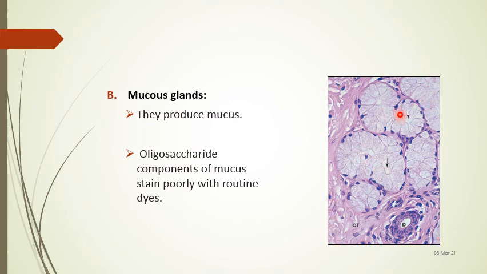Here, these pale appearing cells are mucus cells. These arrows indicate the lumen of the acini. D stands for duct, CT stands for connective tissue.